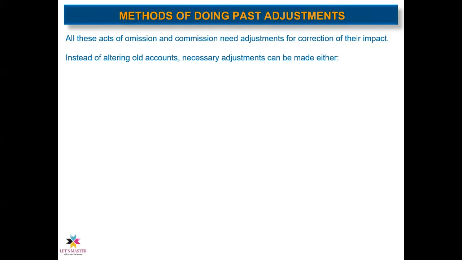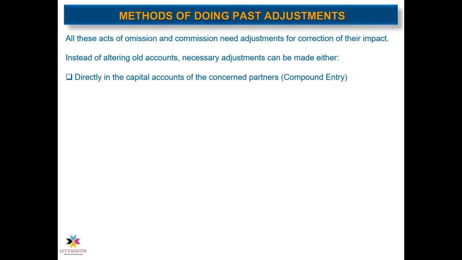One option is you go back and rewrite your books of accounts, which is obviously going to be a very tedious method. So rather than going and rewriting the books of accounts and preparing the final accounts again, we can make the necessary adjustments by either of the following ways.